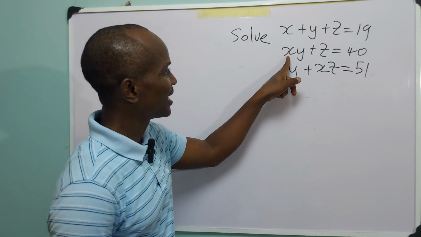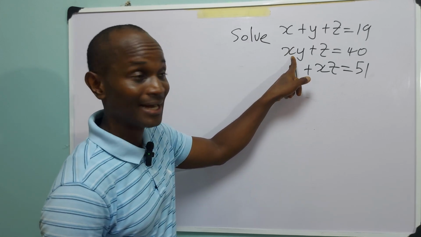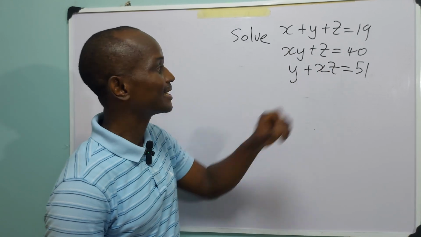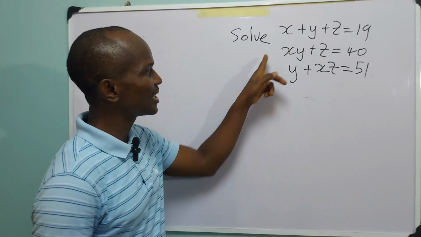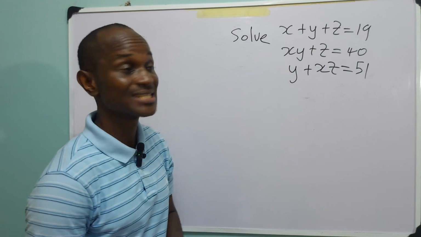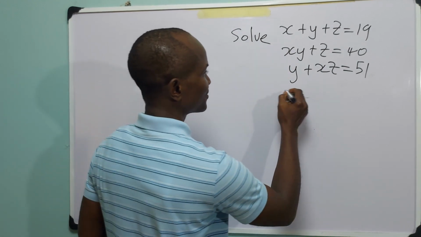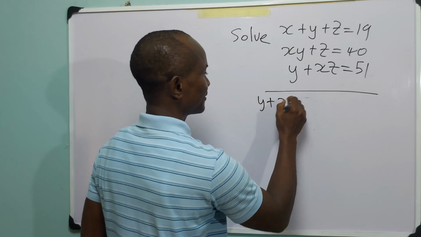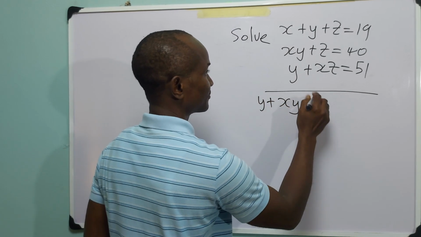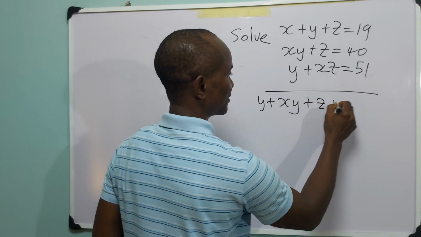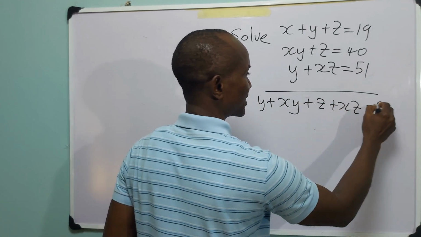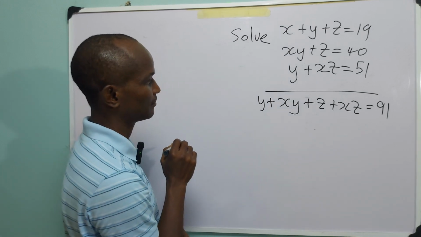We can see that x is multiplying y in the second equation and also x is multiplying z in the third equation. So let us add the two equations and see what we get from there. So first of all, we have that y plus xy plus z plus xz is equal to 40 plus 51 is 91.